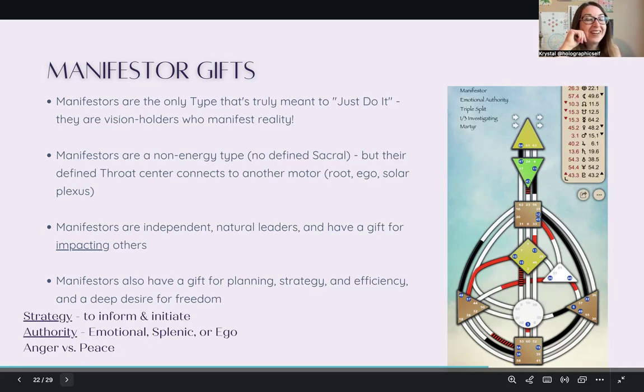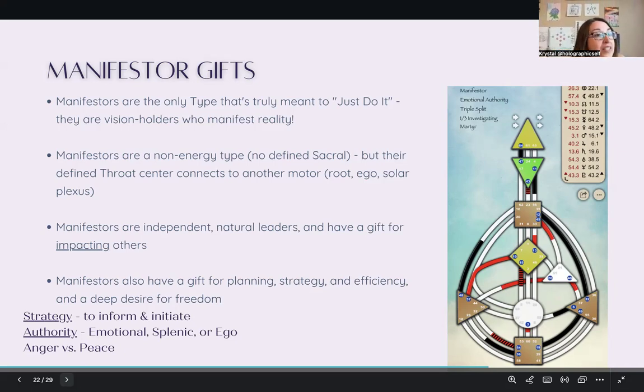Manifestor children can be an intense parenting experience. Not because they're doing anything wrong, but when you're a child, you're naturally embracing whatever your energy is, right? And manifestors have a big energy. They have a big impact on all the people whose lives they touch. And of course, that starts with their parents.